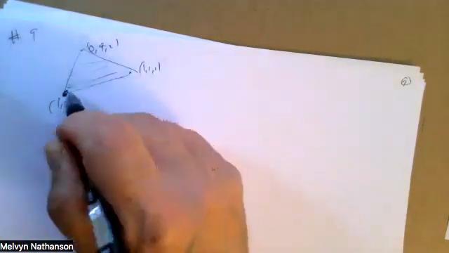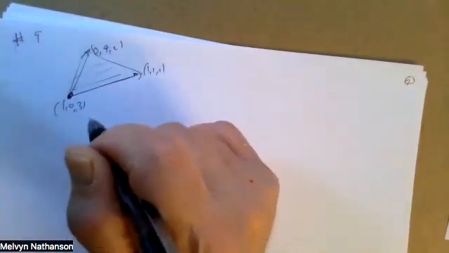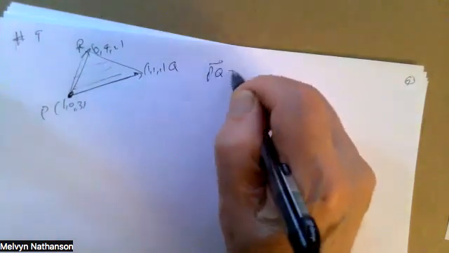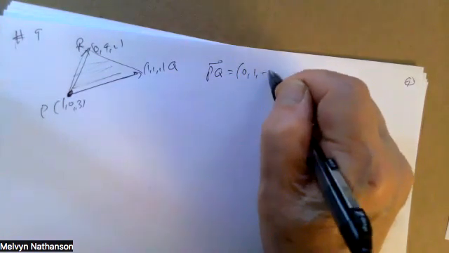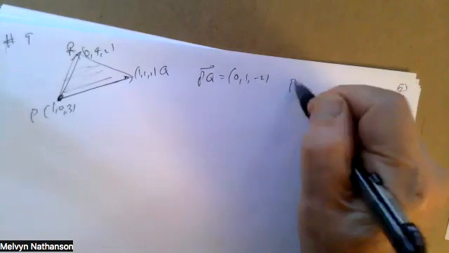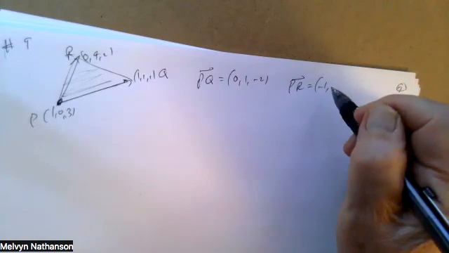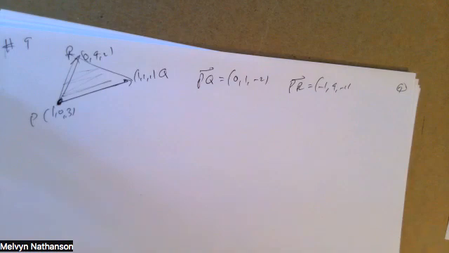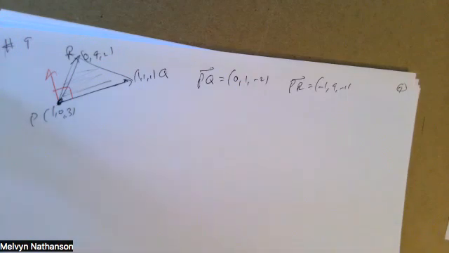And if this vector is in the plane and this vector is in the plane, then the cross product, let's call these P, Q, and R. So if I take the vector from P to Q, 1, 1, 1 minus 1, 0, 3 is 0, 1, minus 2. And if I take the vector from P to R, which is minus 1, 4, minus 1, a normal vector to the plane will be parallel to the cross product.